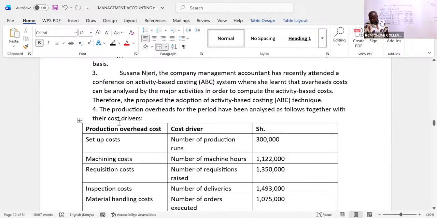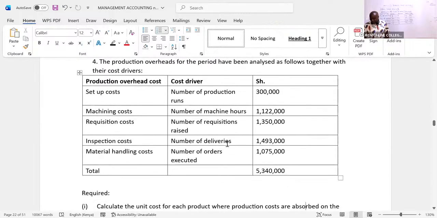If you go after note number 4, you'll be able to see the cost drivers there. We have number of production runs that I have. We have number of machine hours that I don't have. It's only machine hours we shall be able to introduce onto our table.